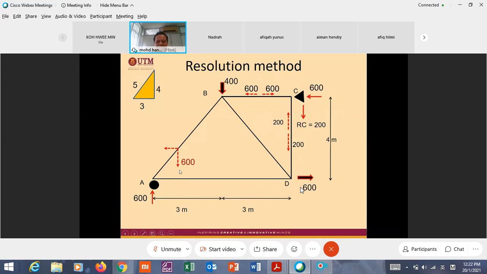It is 600, therefore this one is 600. And take note here, the length of this horizontal and this vertical is in proportion, or in a reasonably correct ratio, with this one. This one is shorter than this one.